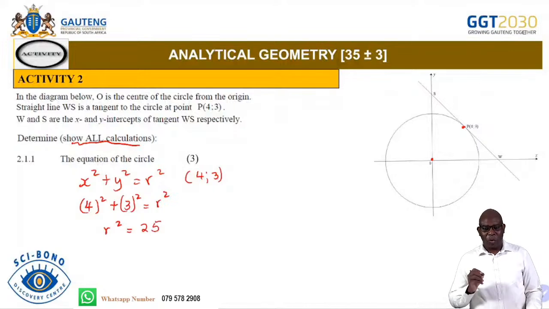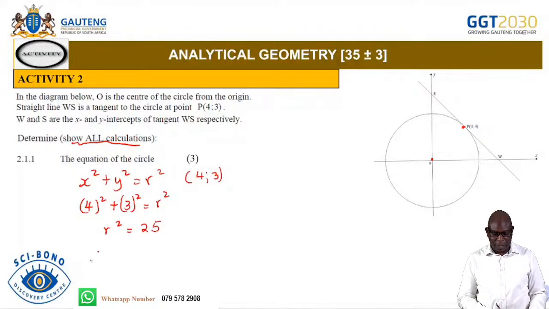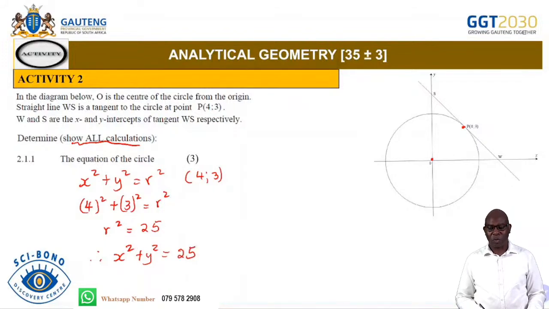Most of you guys, you stop there and then you did not give us what the question wants. The question wants the equation of the circle. So you must come there and say, therefore, the equation of the circle will be x squared plus y squared equals 25. Then you have answered the question. So if you leave it here, we are not going to give you full marks. Okay, so please make sure that you finish that question.